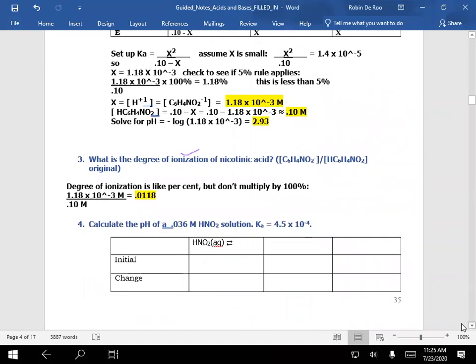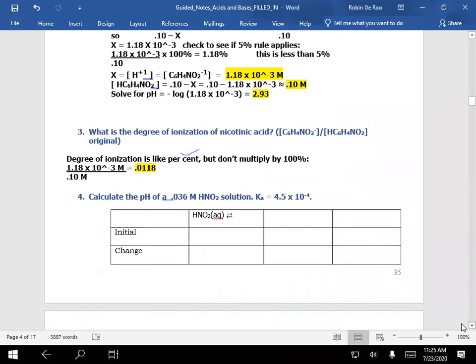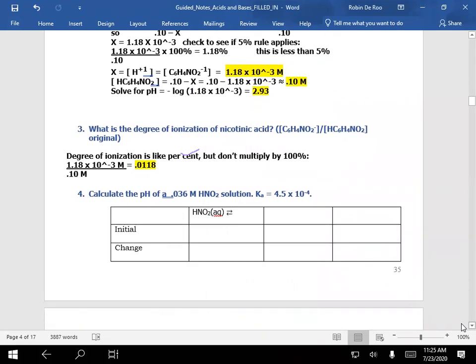Okay, let's do another problem. So again, you need to recognize that the acid given is a weak acid. This is nitrous acid. We're given the Ka and we're asked to calculate the pH. So you're going to want to set up your expression.